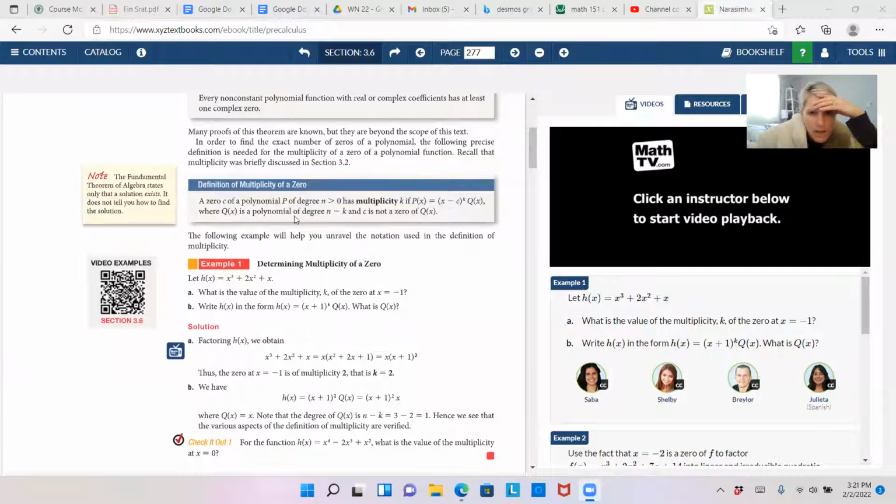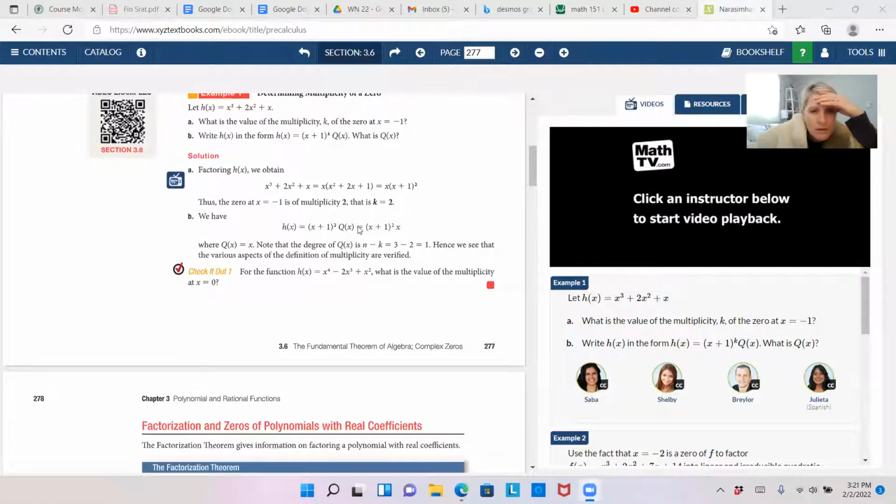And q of x is a polynomial of degree n minus k, which in this case is x to the 1. So note that the degree n minus k equals 3 minus 2, which is 1. Hence, we see that the various aspects of the definition of multiplicity were verified.